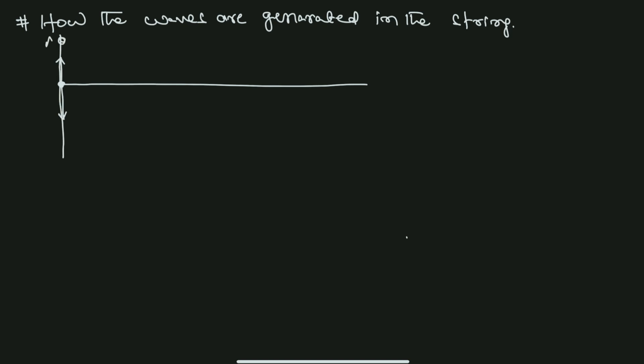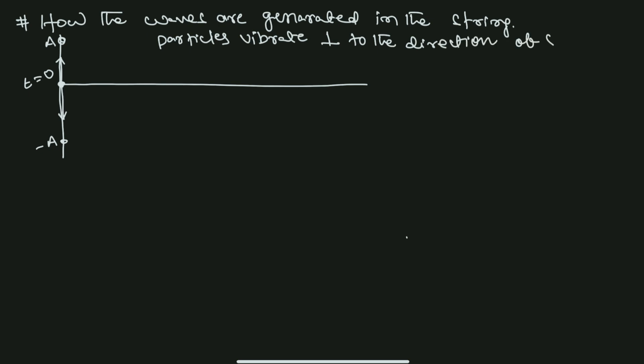This is the amplitude, here minus A. Initially at t equals 0, its position is like this. So the particles vibrate perpendicular to the direction of propagation, or the direction of the string.